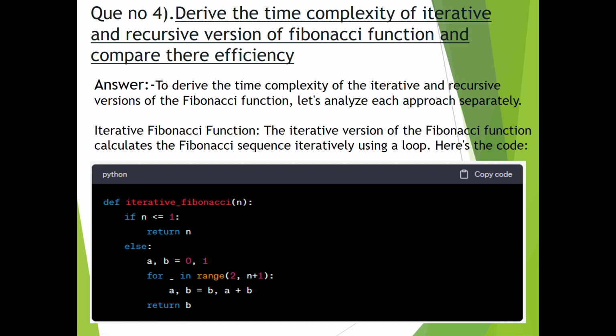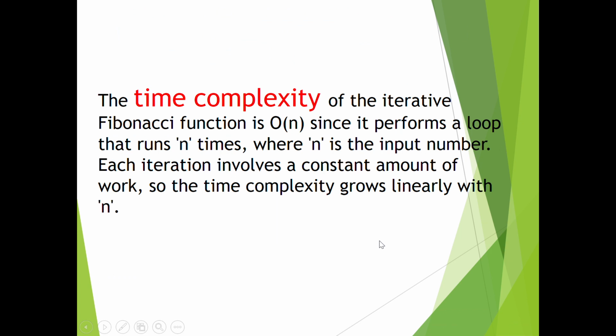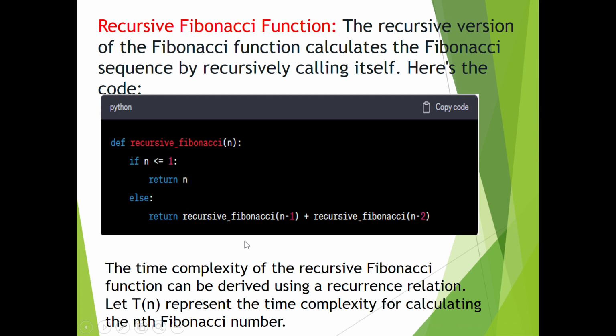Else, a and b equal 0 and 1, for i in range 2 to n plus 1. This is what we are actually returning, b, after swapping them. The time complexity of the iterative Fibonacci function is big O of n. And the recursive approach: this is a base condition, if n is less than or equal to 1, then return n, else return recursive Fibonacci n minus 1 plus recursive Fibonacci n minus 2.